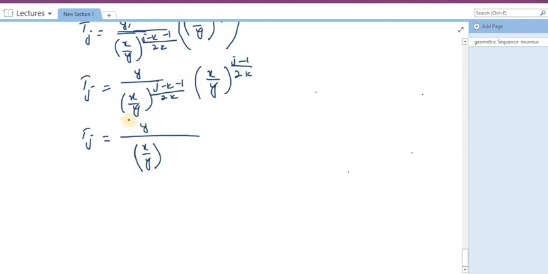If the base is the same, x upon y, this x upon y is the numerator and this is the denominator, so the powers will separate. This is j minus k minus 1 upon 2k and the power j minus 1 upon 2k. So the jth term is equal to y upon x upon y.